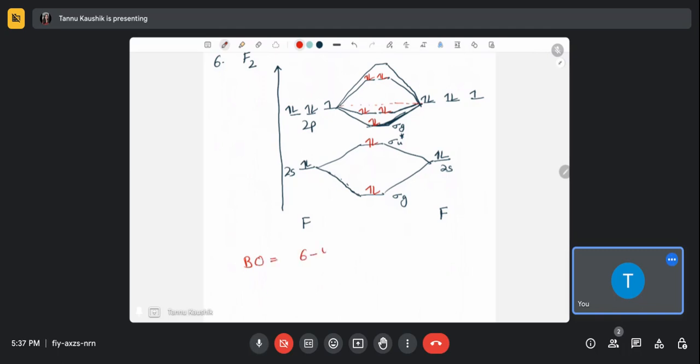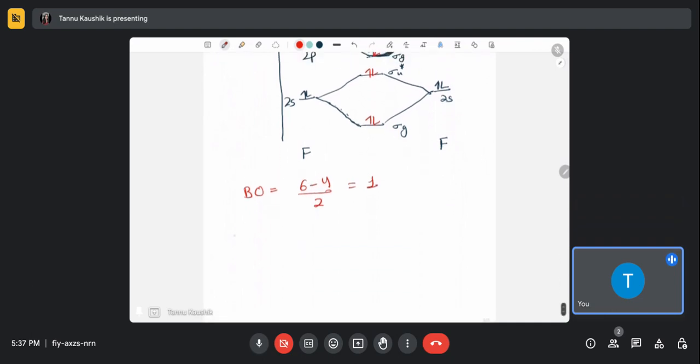So 6 minus 4 by 2 is equal to 1. So here we have a bond order of 1. Therefore, the F2 molecule will exist with a bond order of 1.